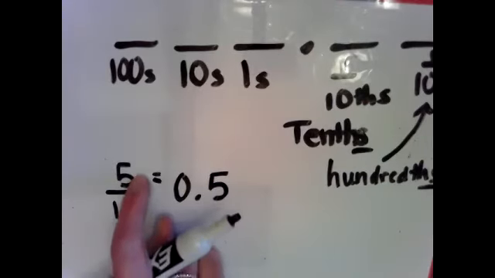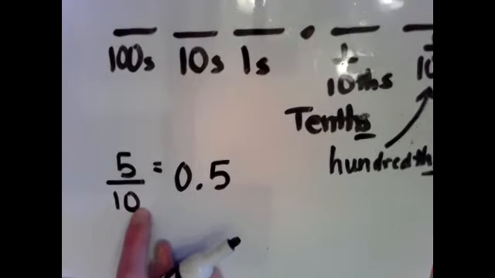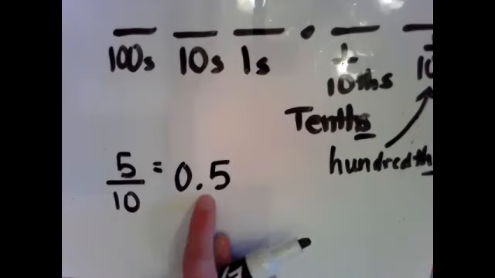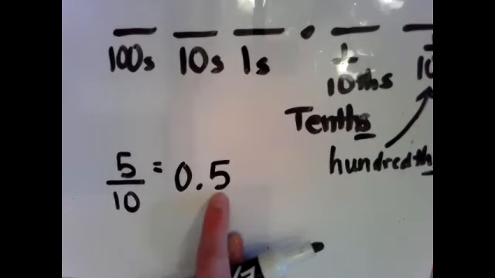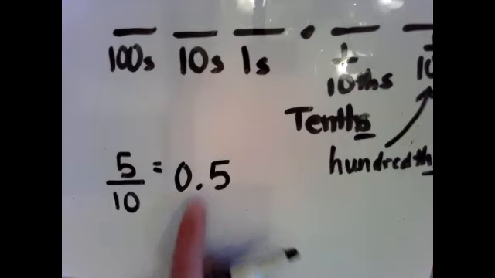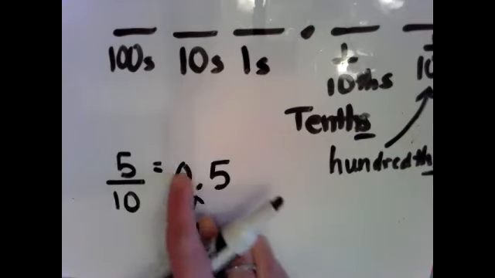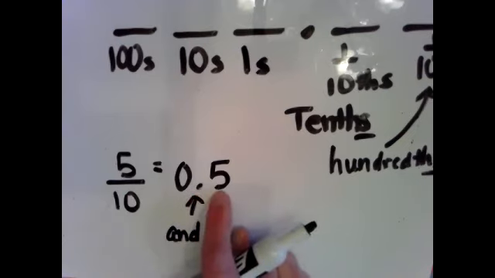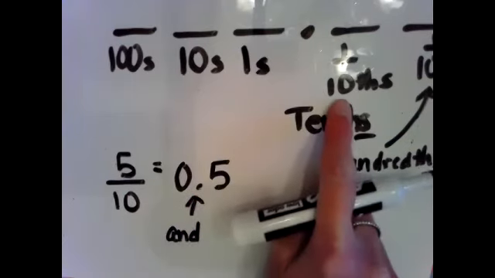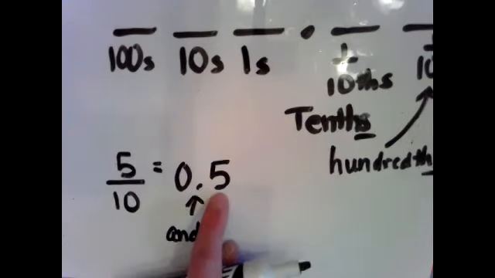So 5/10 written as a decimal is 5 parked in the tenths place. We would read this as 0 and 5/10, because that is the place that 5 is parked in.